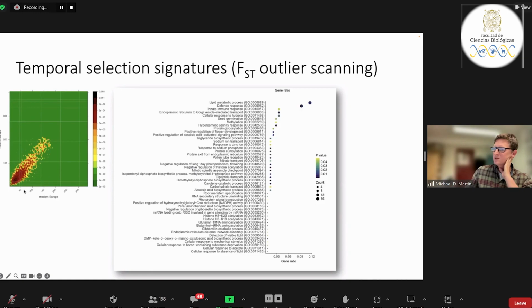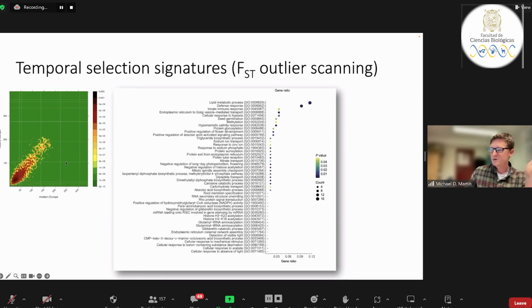And we look for those that are not directly on the line here, which would be no change in allele frequency over time. We are interested in these little bits on the outsides that changed a lot in a short amount of time, 100 years. And we want to know which SNPs or which polymorphisms those are and what genes they fall in.